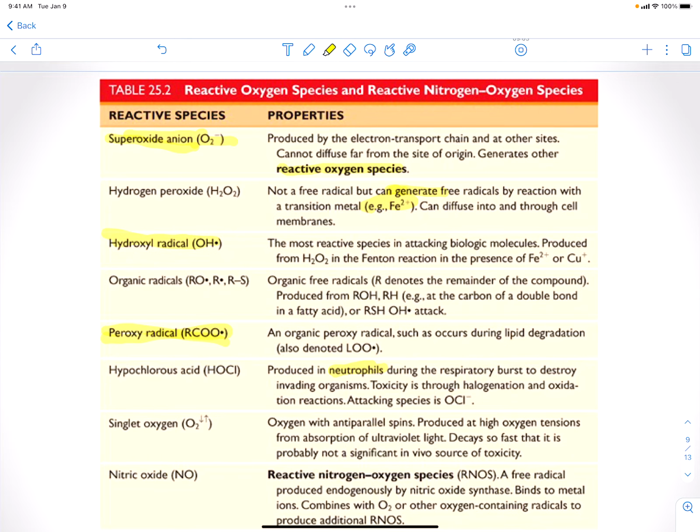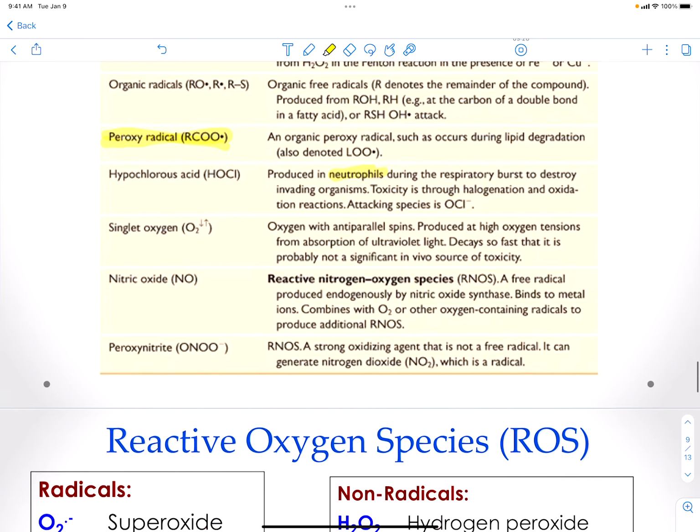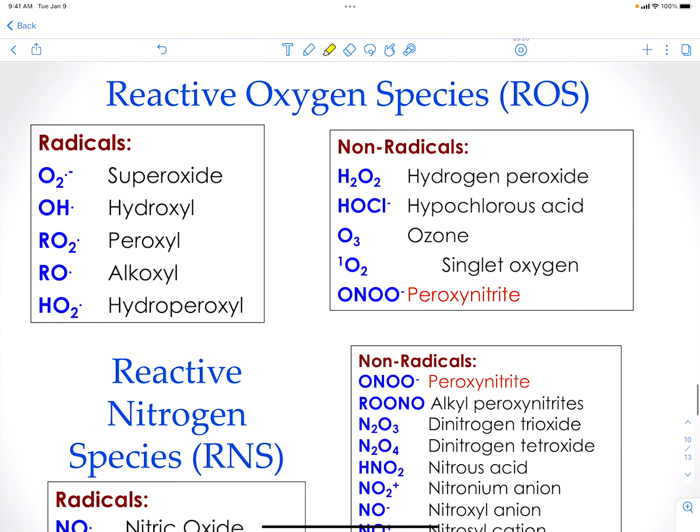This is rapidly decayed, so it's not thought to be a very significant source inside the body. And then we have nitric oxide. Nitric oxide is a normal product that we make. However, it can form free radicals. It can bind to metals and then produce the reactive nitrogen oxygen species.